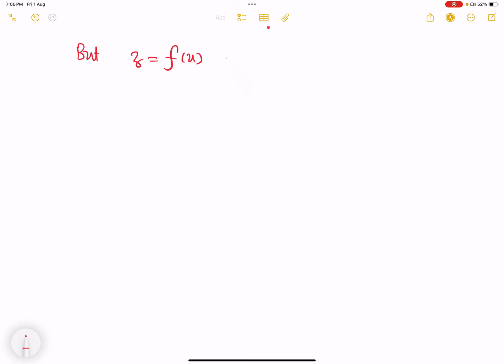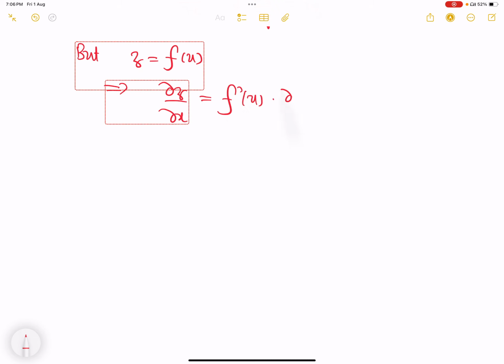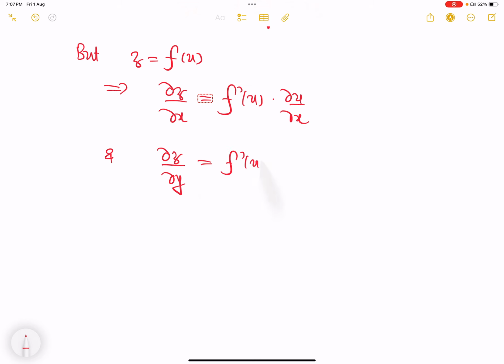So this implies del z upon del x is nothing but f dash u into del u upon del x, and del z upon del y is nothing but f dash u into del u upon del y.